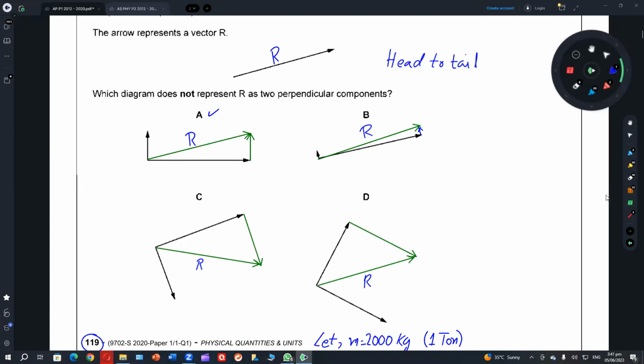A, B, and D are looking similar to the R. C is a bit different. C is way off. So C should be the answer because he's asking for not.